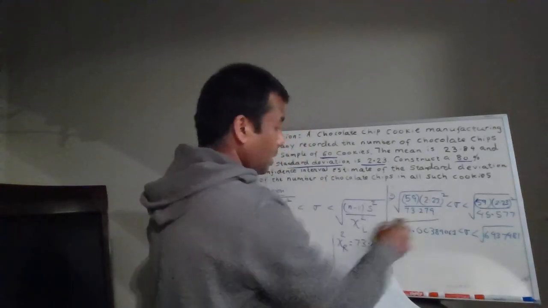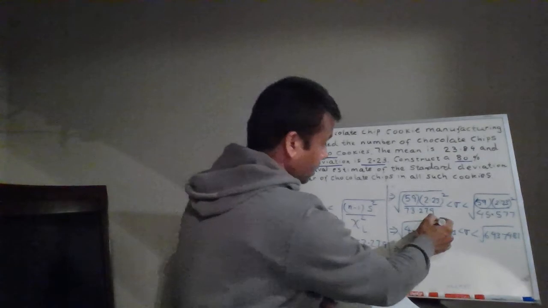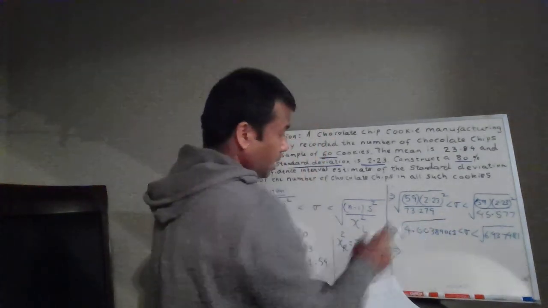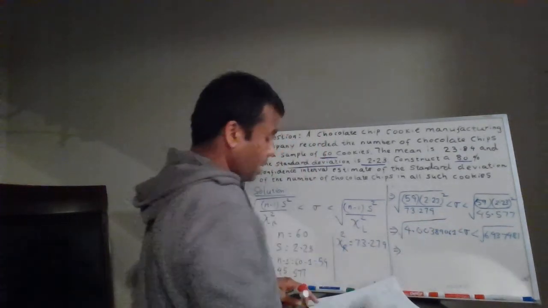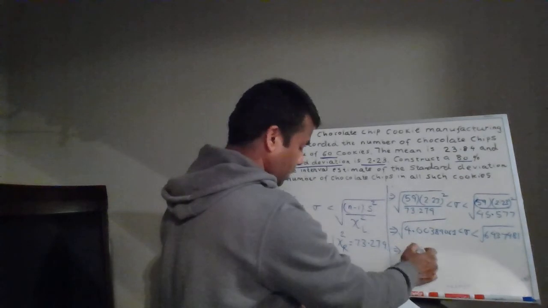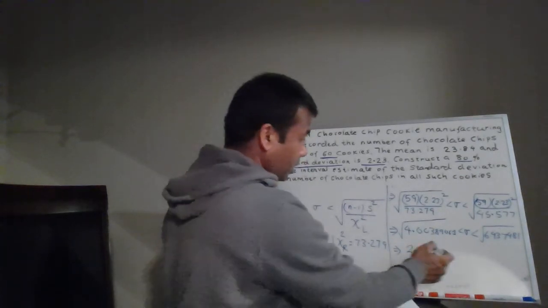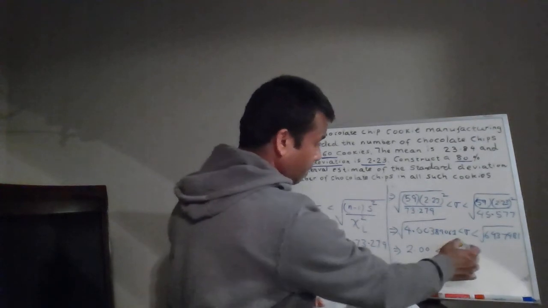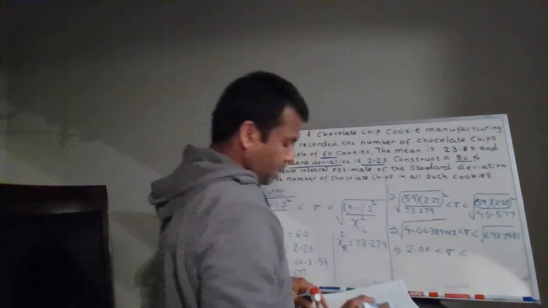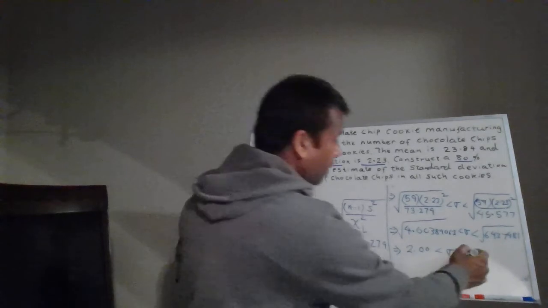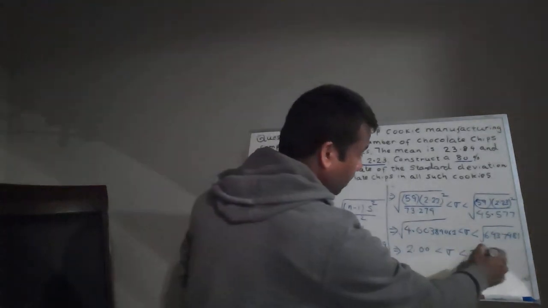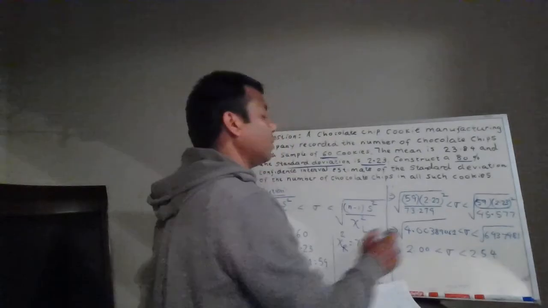Then you evaluate the radical, and you'll have 2.00 is less than sigma is less than 2.54, if you round to 2 decimal places.